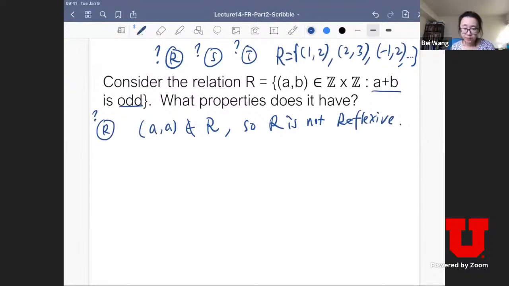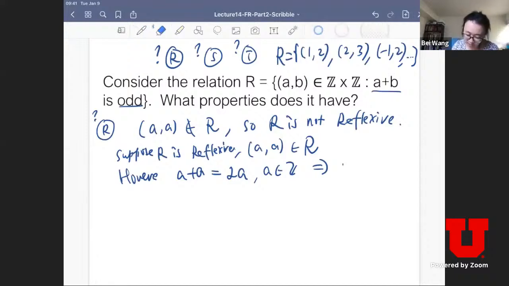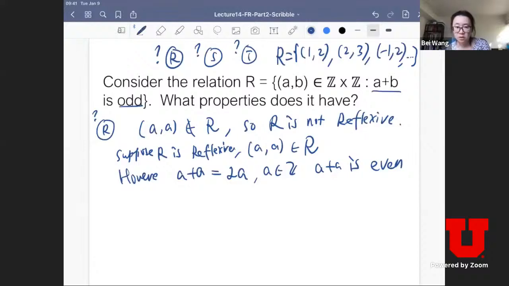Why? Suppose R is reflexive, that means (A, A) is in R. However, A plus A is equal to 2 times A, where A is an integer, which means A plus A is even, which does not satisfy the condition of the definition of R, right?